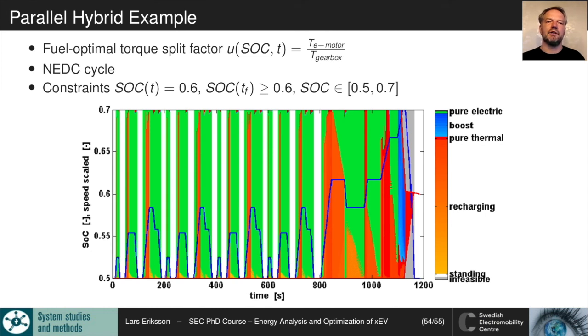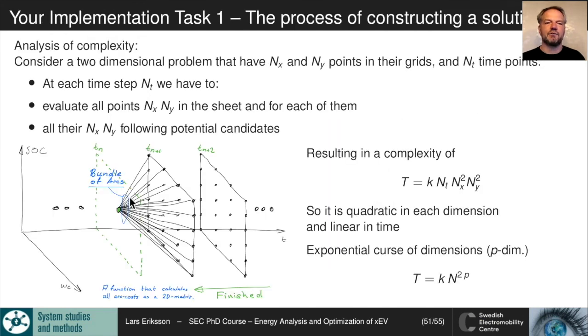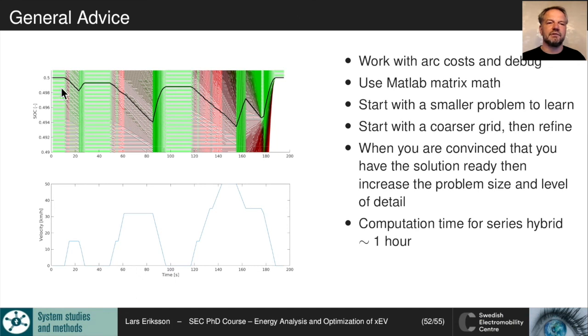One of the things I also want to highlight to you is that the system with the cost to go is also a feedback solution. So for example, if we get a disturbance, let me jump back to this point. So this is where we should start, but there comes some disturbance in the traffic, and we cannot do all the regenerative braking here, so we end up maybe at this point.